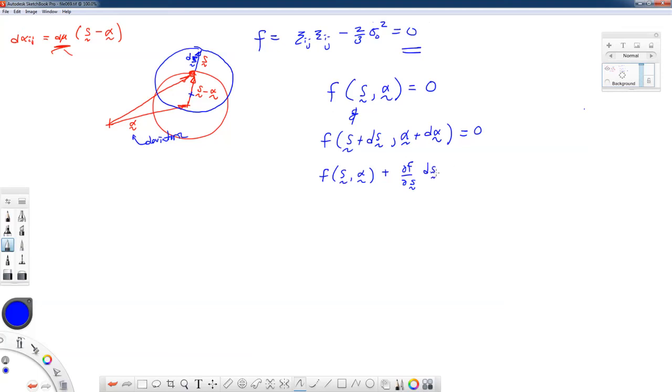So that's the rate of change and then the amount of change, and the increment gives me the total amount of change. And then also a partial derivative of that function with respect to alpha, d alpha. This is just the same thing, expanded out by the use of calculus, and that has to be equal to 0. Now this first term right here is 0. So what this is telling us is that the partial derivative of f with respect to S times dS is equal to minus the partial derivative of f with respect to alpha times d alpha.